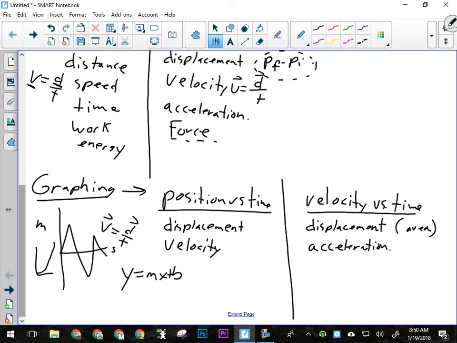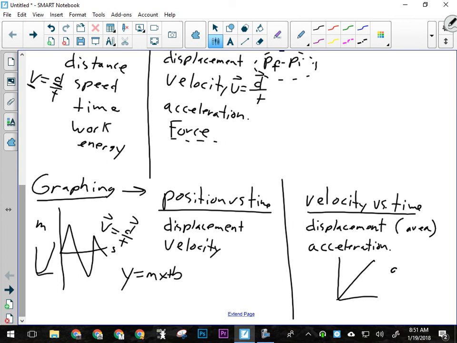How do I get acceleration from a velocity versus time graph? It's meters per second squared. How do I get it? No, that's how I get displacement, because that's base times height. So if I've got my velocity versus time graph and it's doing that, that's an accelerating object.